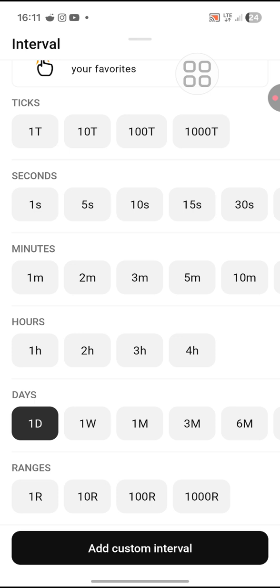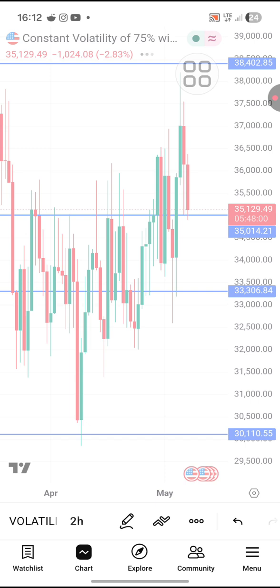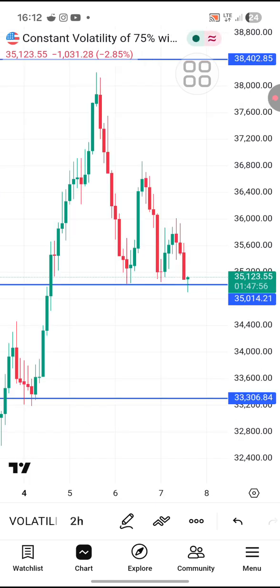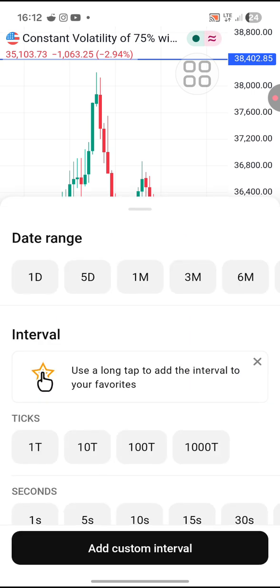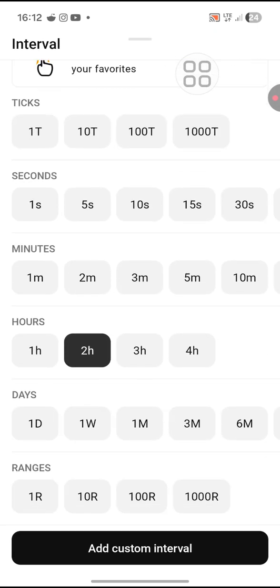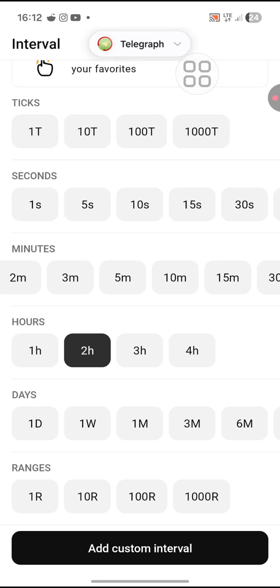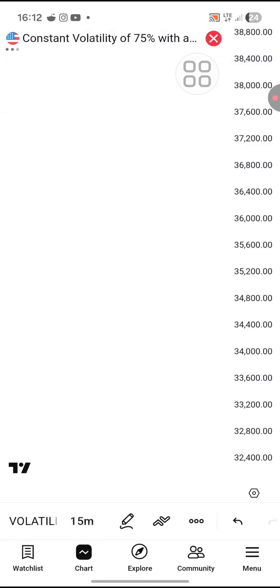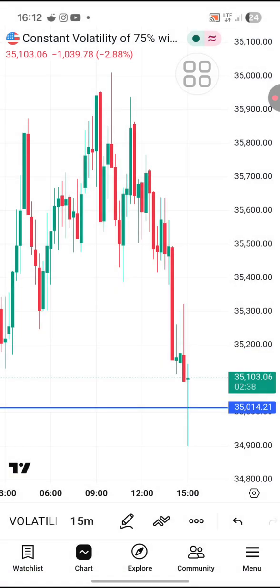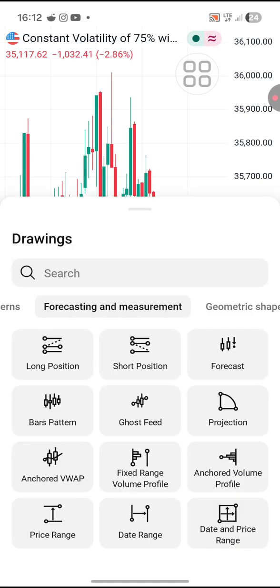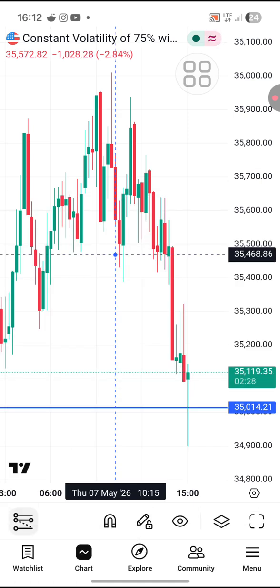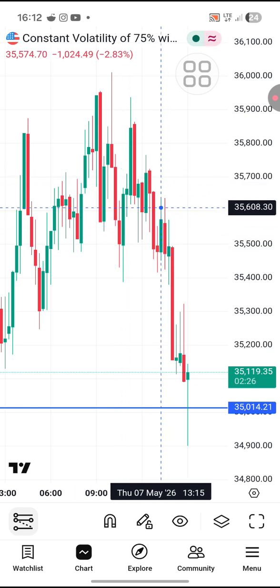You can see it's the same chart. So let me go to that 50 minutes and still show you the same thing. Let me use 10 minutes. So let's say short position. So let's say enter the trade here.